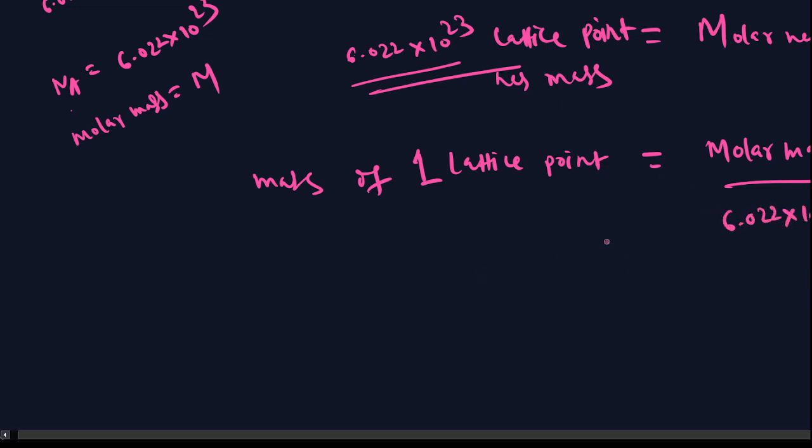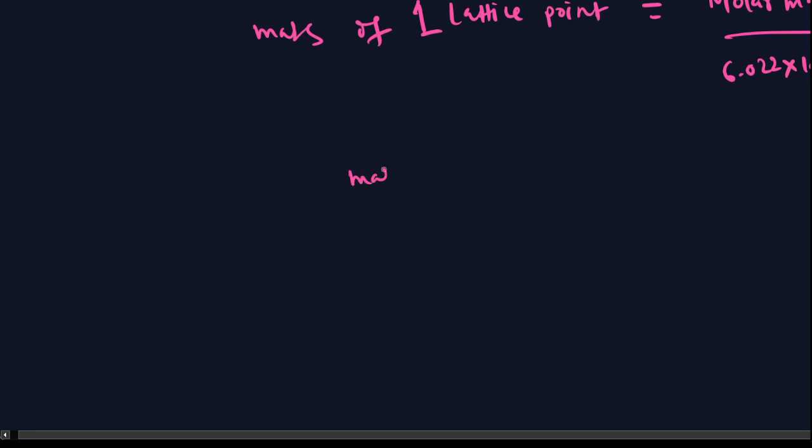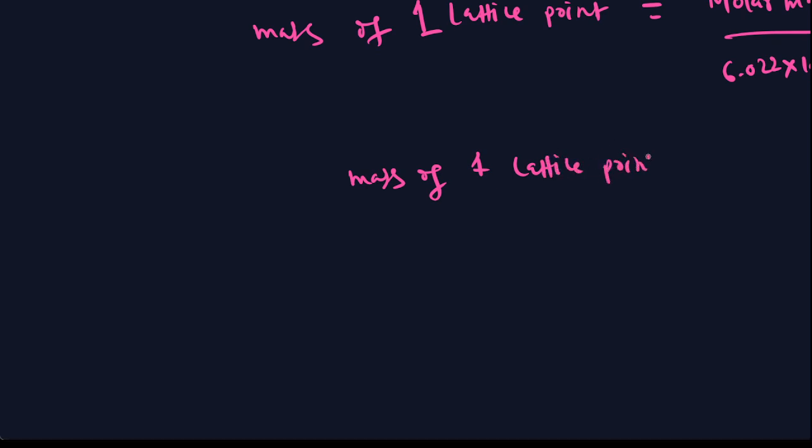So I can write here, the mass of one lattice point, that is the molar mass represented by capital M, divided by Na.